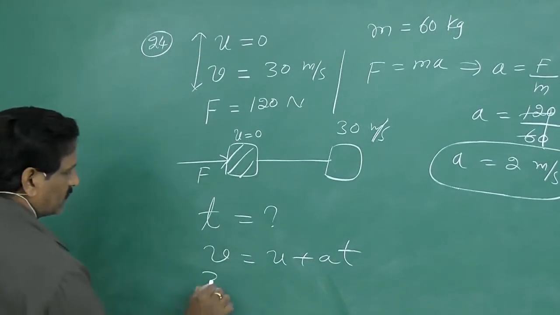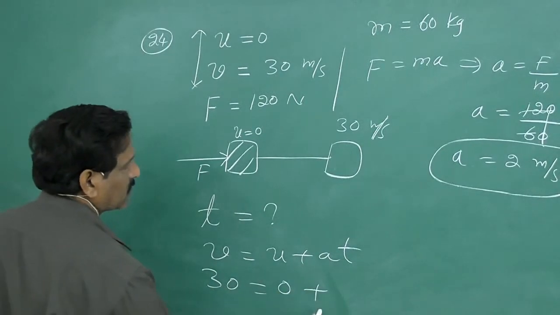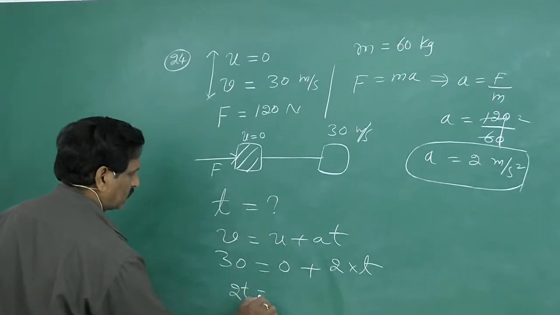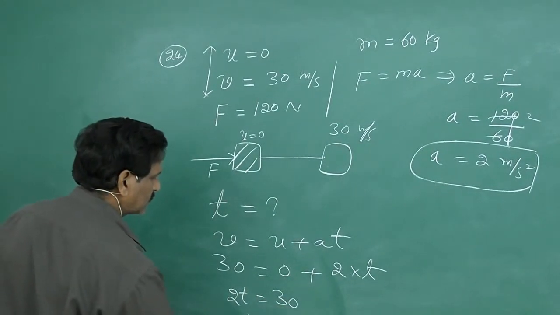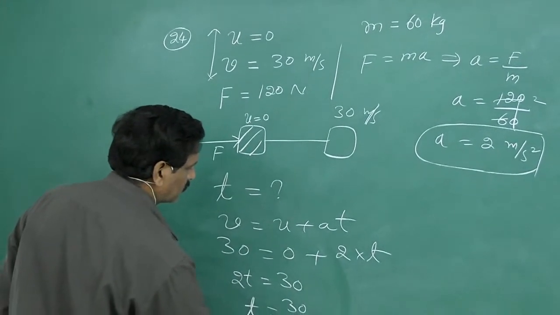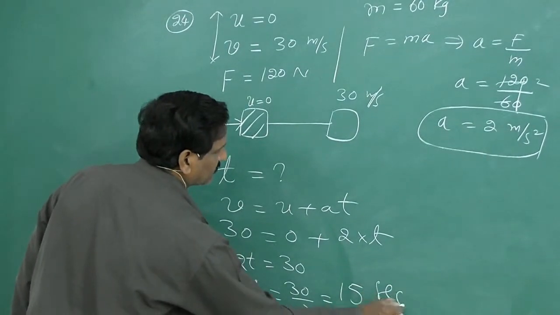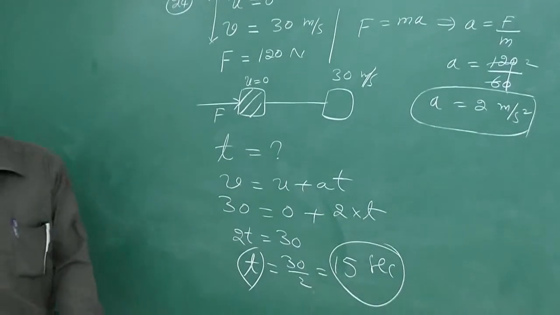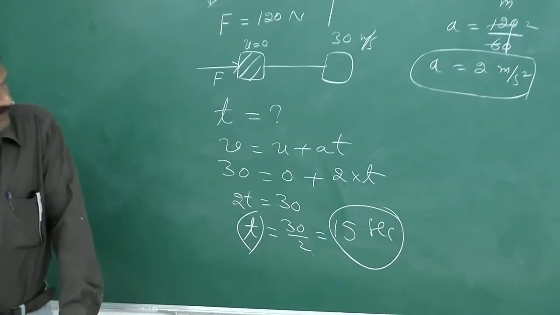So V is 30, U is 0, plus a is 2 into t. So 2t is equal to 30. So t is equal to 30 by 2, which is 15 seconds. This is the time it takes to acquire a speed of 30 meter per second.